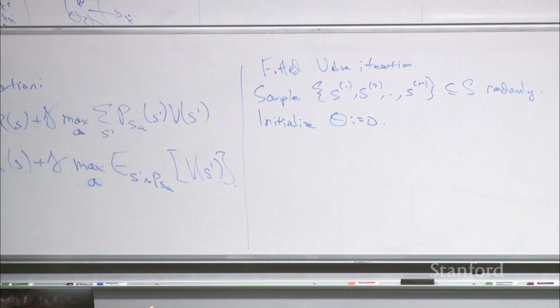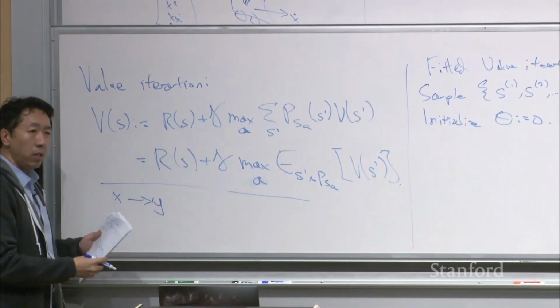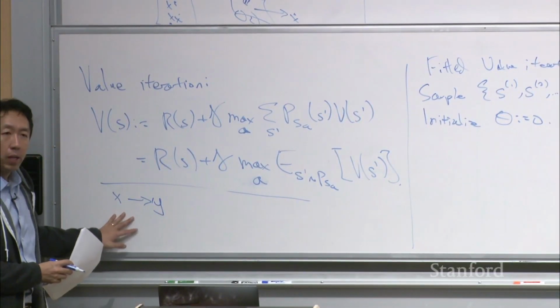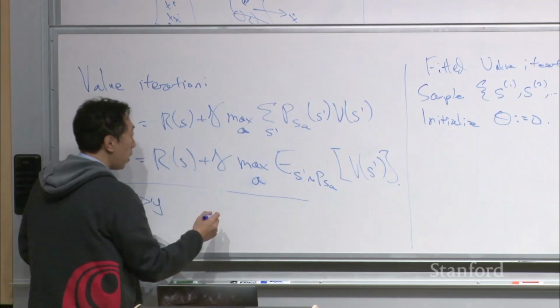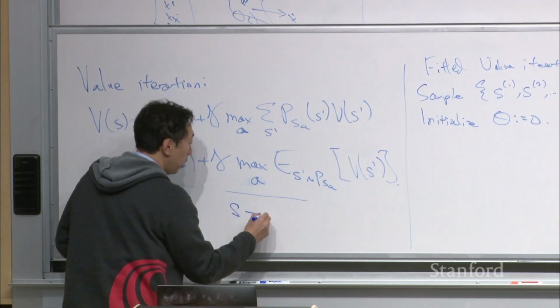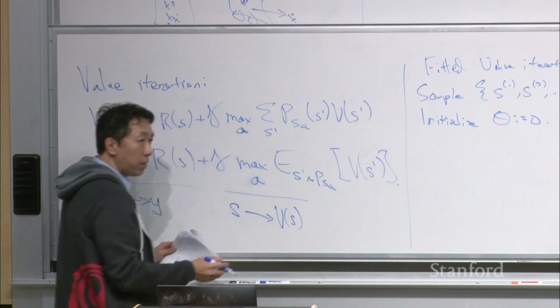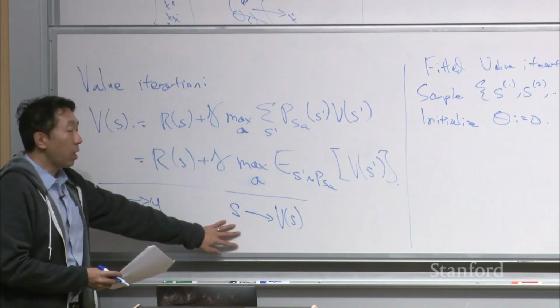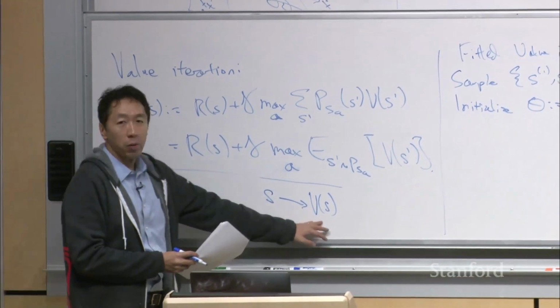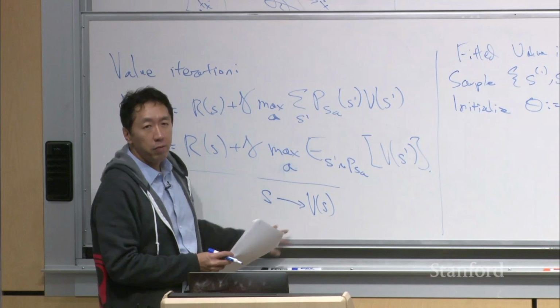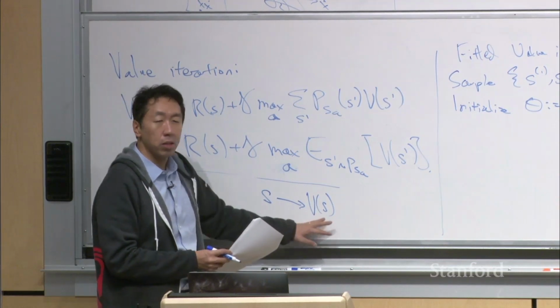And what we're going to do is, in linear regression, you learn a mapping from x to y, and you have a discrete set of examples for x, and you fit a function mapping from x to y. So here, we're going to learn a mapping from S to V of S, and we are going to take a discrete set of examples for S and try to figure out what is V of S for them, and then fit a straight line to try to model this relationship.